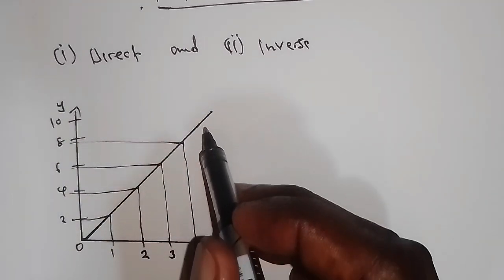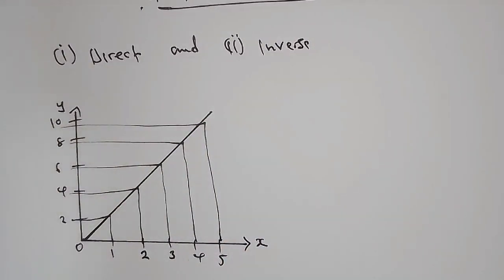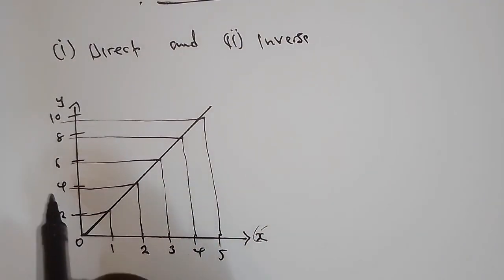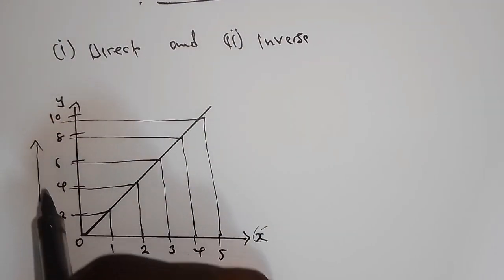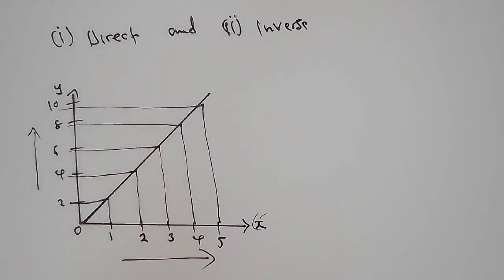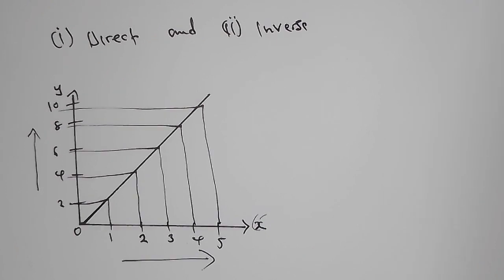So that's about direct variation. As this value increases, this one also increases in that direction. So that's all you need to understand about the direct variation graph.